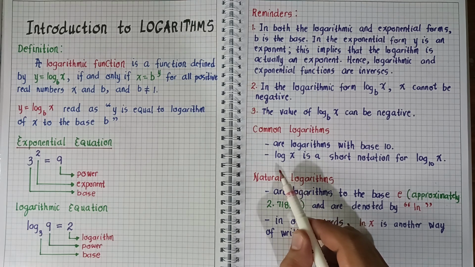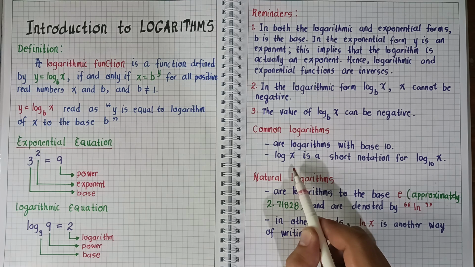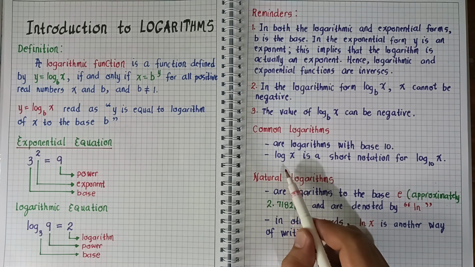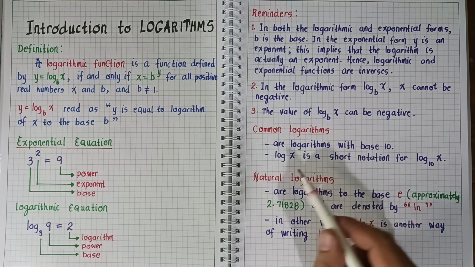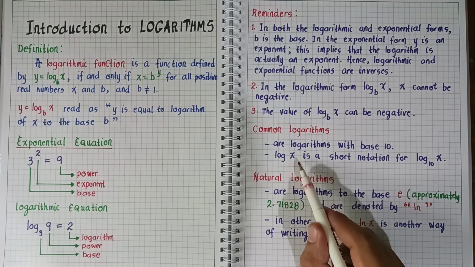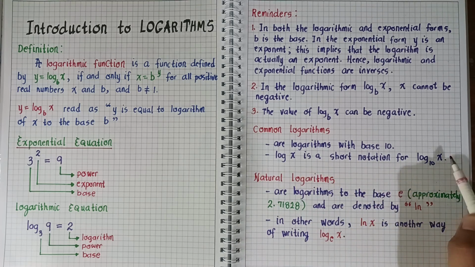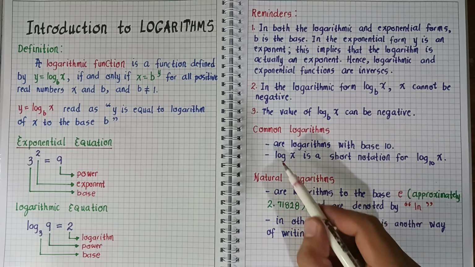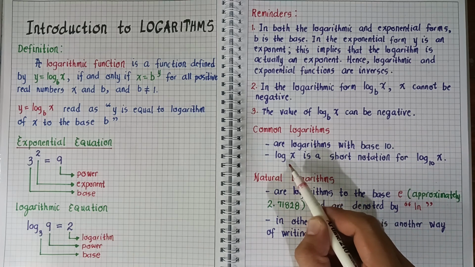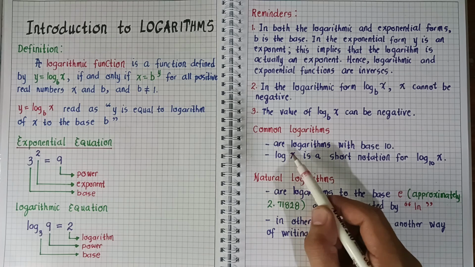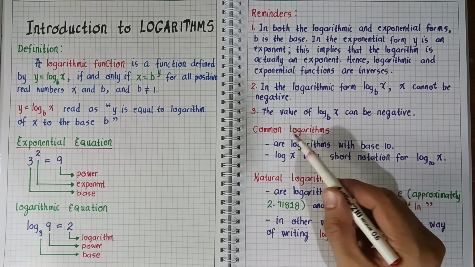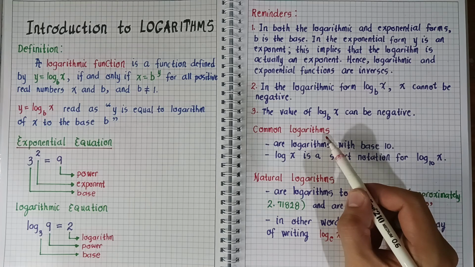For example, logarithm of 1,000, which means the base is 10. So, logarithm of x is a short notation for logarithm of x to the base 10. The 10 is removed, but it is understood that the base is 10. This falls under common logarithms.